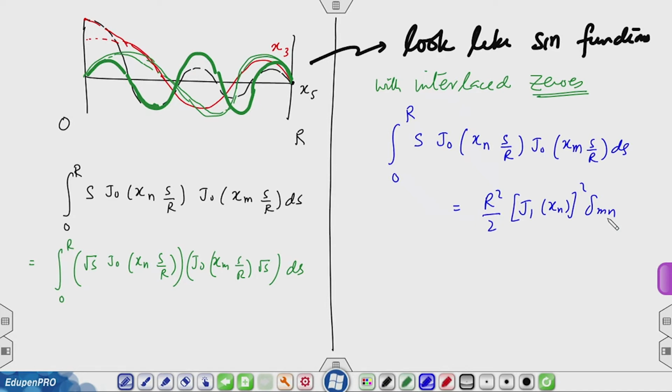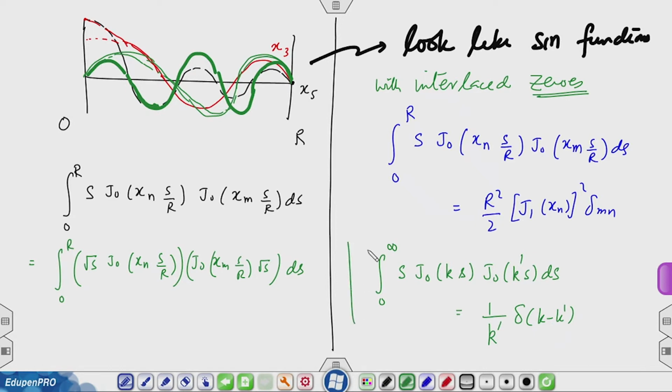In case R goes to infinity, then I am going to have the integral from 0 to infinity of s J0(ks) J0(k's) ds equals 1/k' delta(k minus k'). In this case, k is a continuous variable. This is fine. We are going to use these to solve our problems.